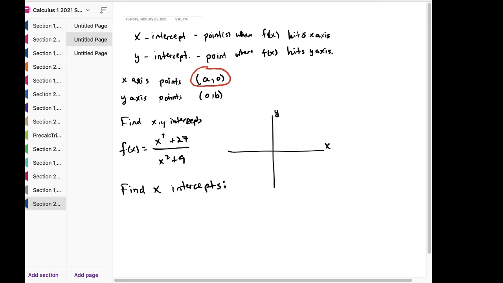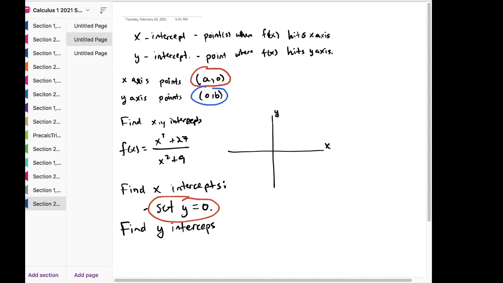So this means you set y to 0. How do you find y-intercepts? Same idea. It's all points that have the property that x is 0. So that's what you do. Set x to 0.